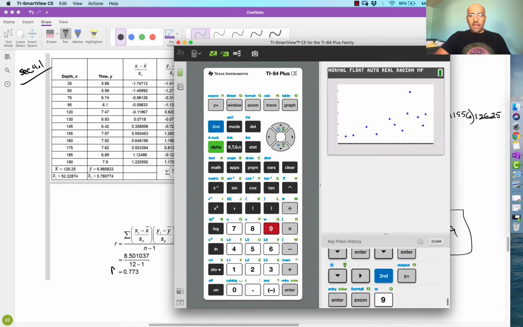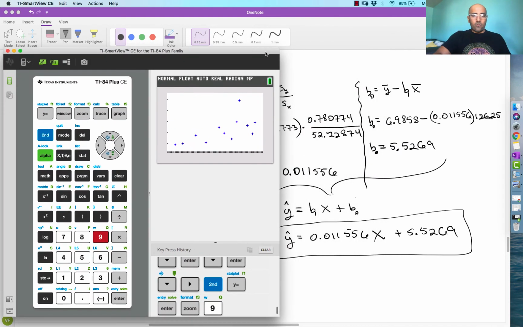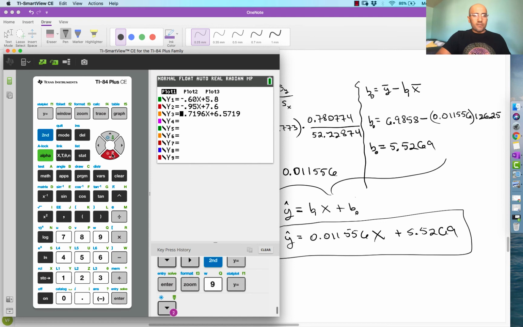Okay, so now let's come over here and we're going to type that in there. Y equals, let's come down here. That's going to be 0.0115556 x plus 5.5269.